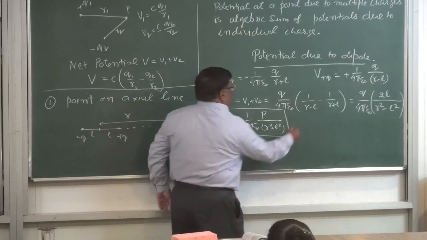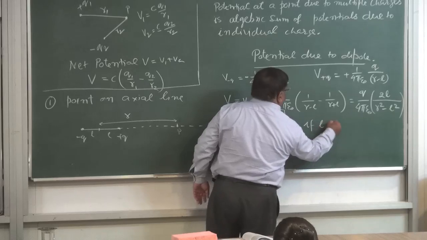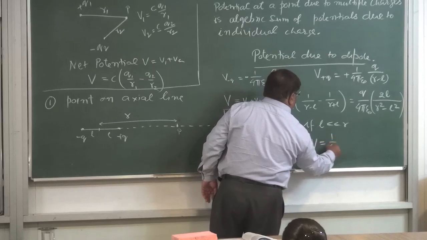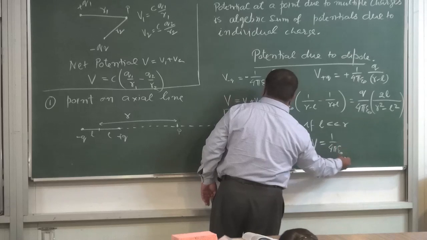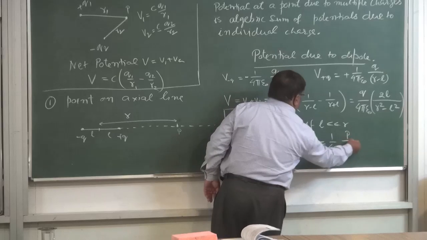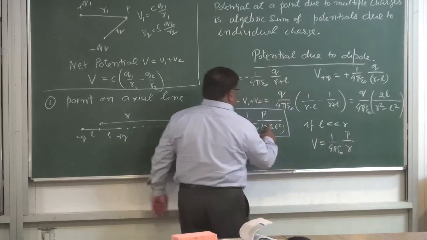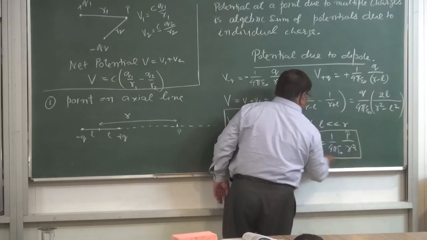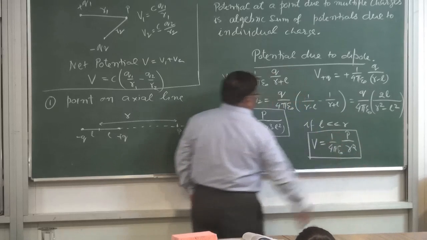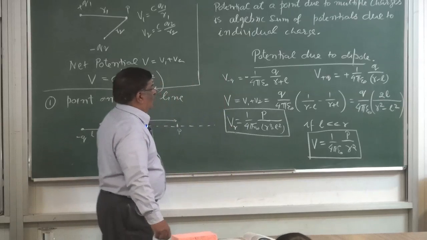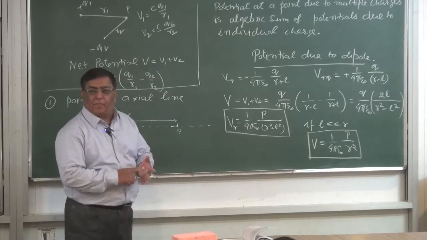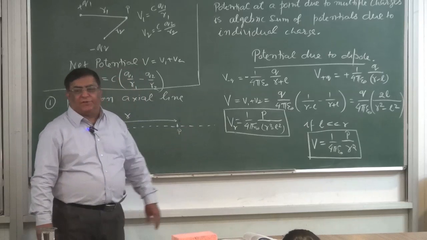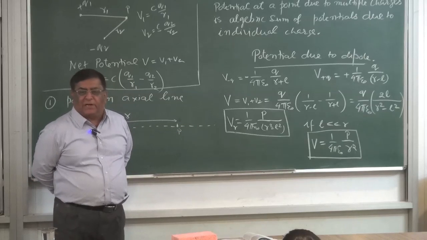In that case, if L is much smaller than R, then V is equal to 1 upon 4 pi epsilon naught P upon R square. Correct? So this is potential due to dipole on the XL line.